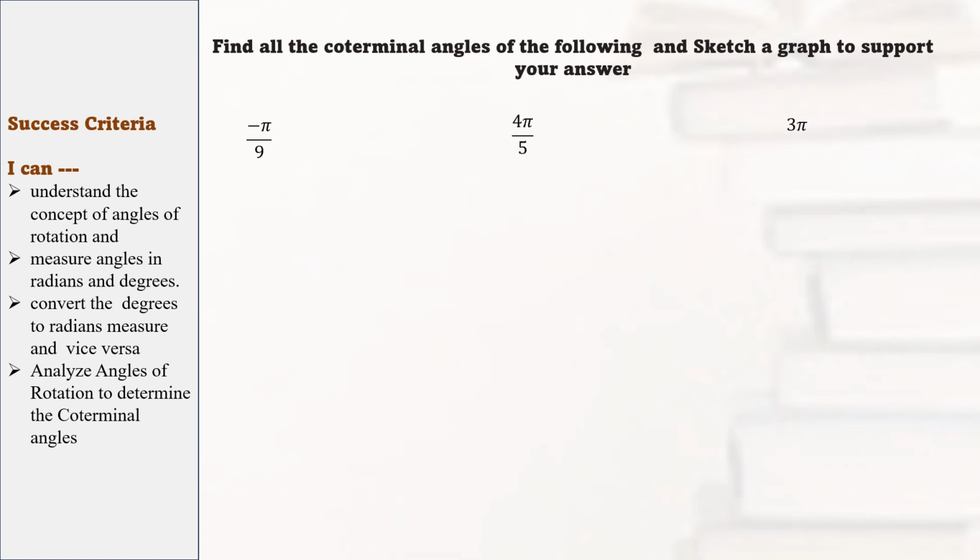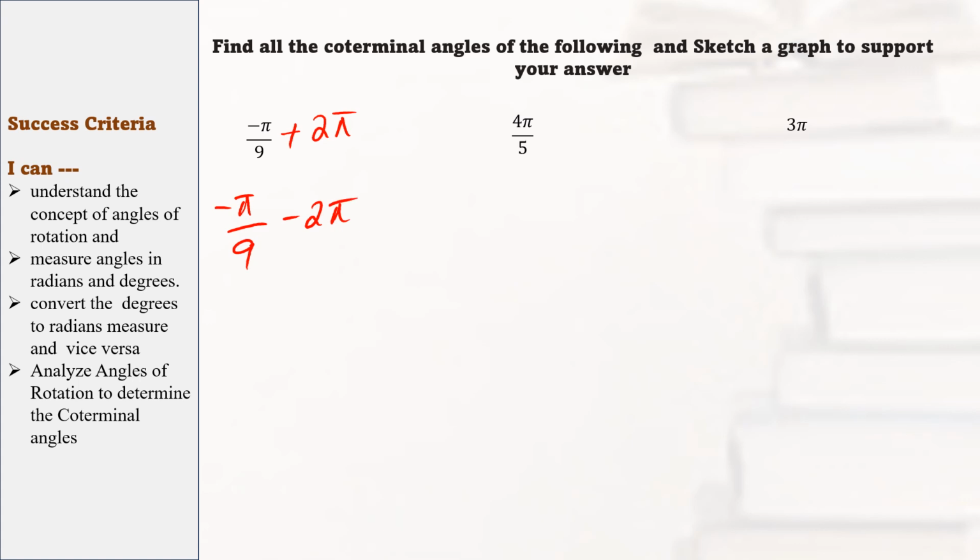Okay, over here I have to find the coterminal angles, but in radian form. So one time I have to add plus 2 pi, and one time I have to subtract 2 pi.